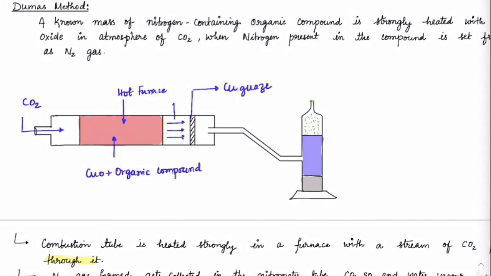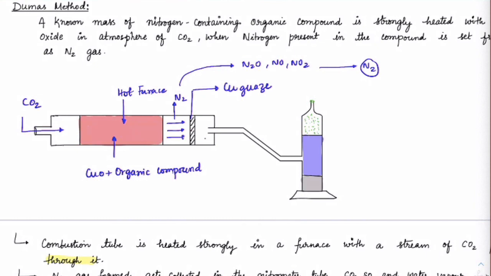After the reaction is done, imagine some amount of nitrogen gas started coming out of it. So let's say this is nitrogen gas. In case there are any side gases like N2O or NO or NO2, like I said, all of these, when they react with copper or copper gauze, will convert into N2, got it? So copper will get oxidized, this nitrogen will get reduced, and that will lead to the formation of N2.